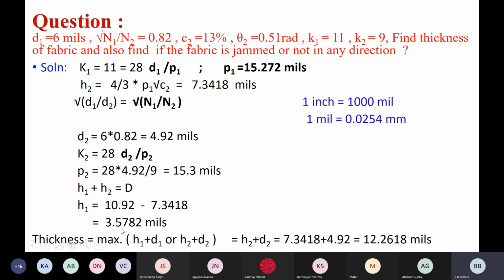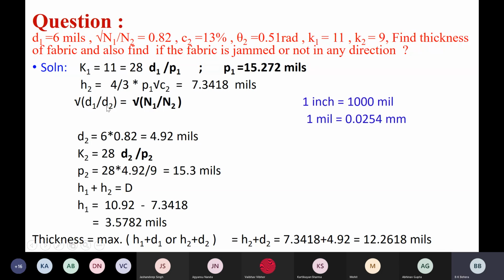And you must know this relationship. Look at my cursor. Square root of D1 upon D2 is equal to square root of N1 upon N2. This is common sense. The diameter of any yarn is a function of the count of yarn in the direct system. In the indirect system, it will be reciprocal. This is a direct system. The direct system is tex and denier. The indirect system is English count.